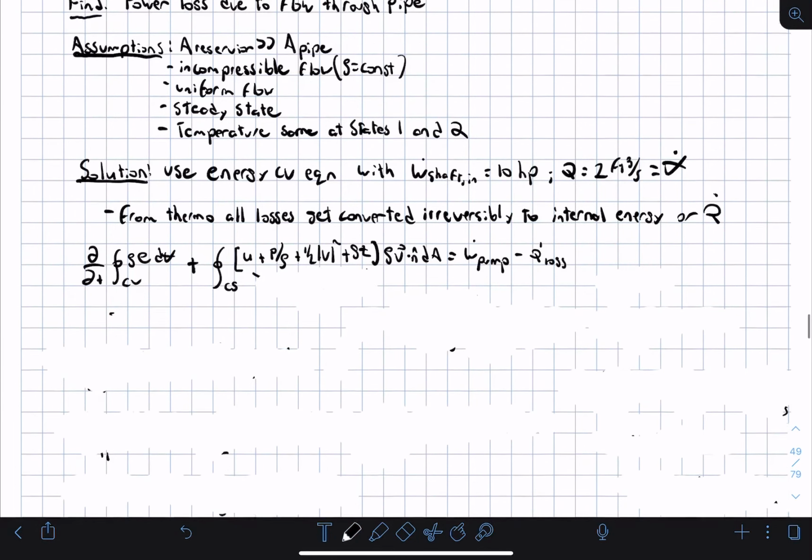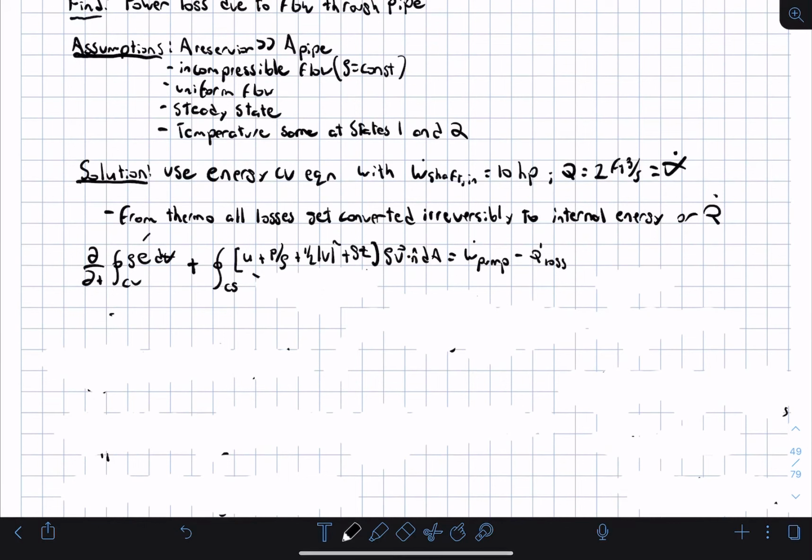Well, we're assuming steady flow, so this term goes away, and for the sake of not writing all of these terms 10,000 different times, I'm going to just call this grouping of terms some cap H, sort of like a total enthalpy type thing. Okay, and then now we have pumping work going in and we have heat loss going out.